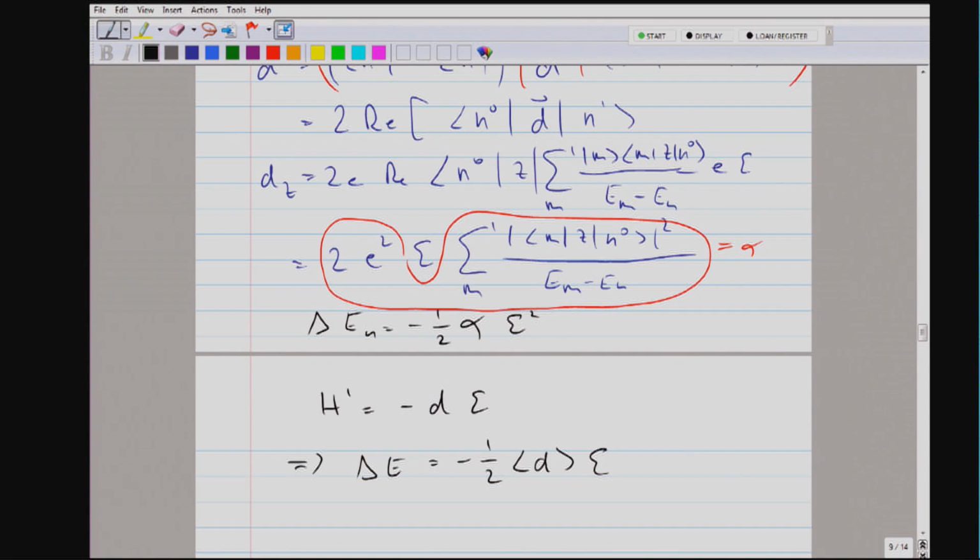So now we have obtained, with a quantum mechanical calculation, the result I told you, that the energy shift of the energy levels is 1/2 the dipole moment times the electric field.